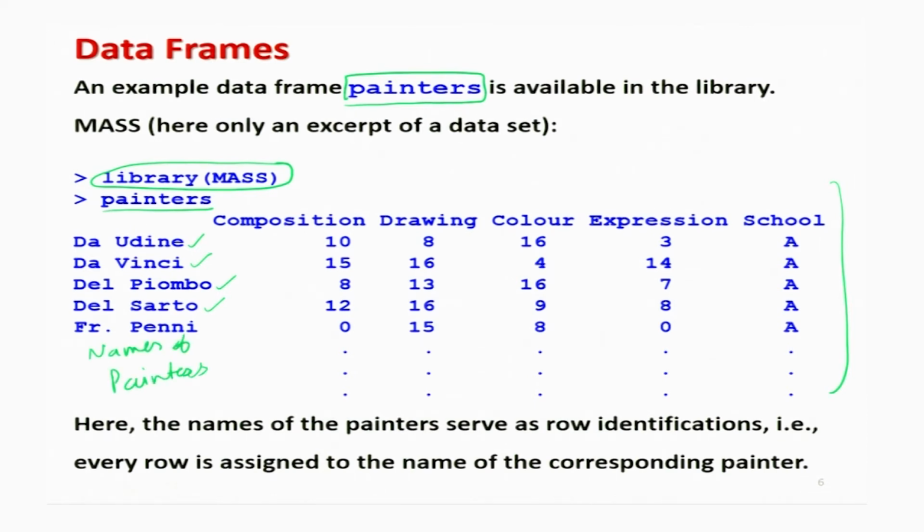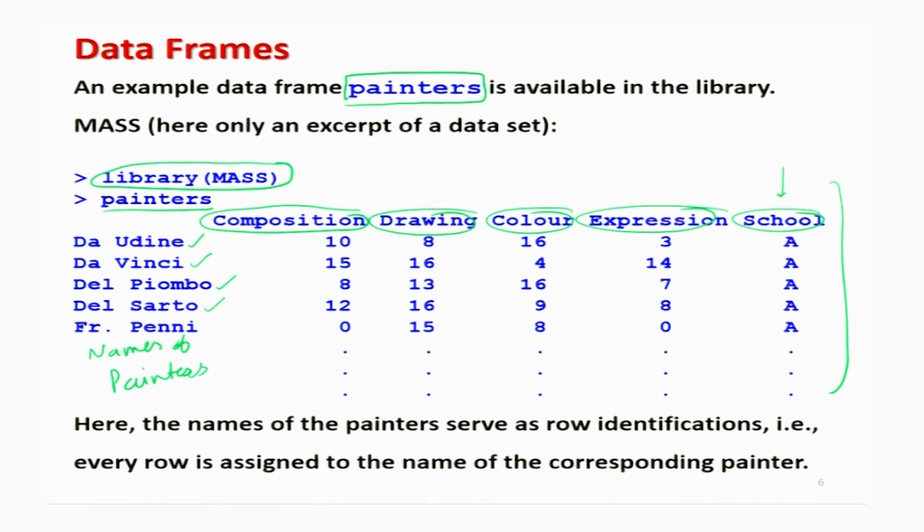Their paintings were analyzed by some experts, who tried to give values to those things. The variables on which the data have been collected on their work are composition, drawing, color, expression, school, etc. For example, school means the different schools under which people try to learn this art, like painting or music, etc.